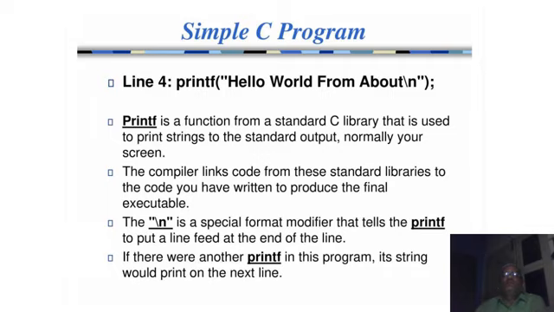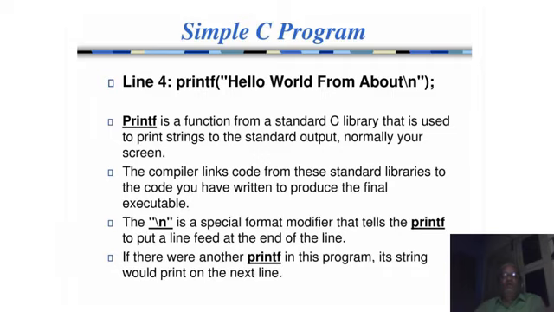Then line 4, the most important, the word printf, and within brackets and quotation marks we have mentioned hello world followed by backslash n. This printf is a function from the standard C library that is used to print strings to the standard output, normally your screen. The compiler links the code from these standard libraries to the code you have written to produce the final executable.